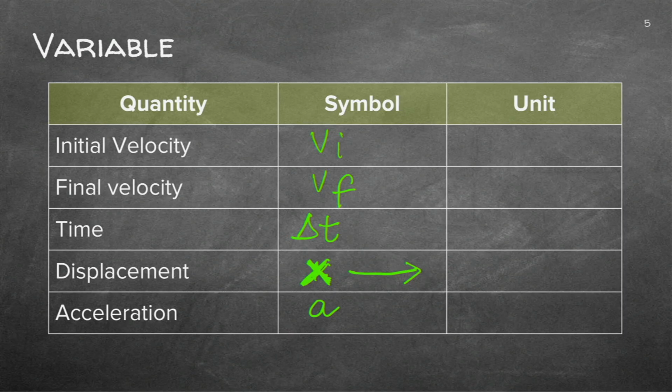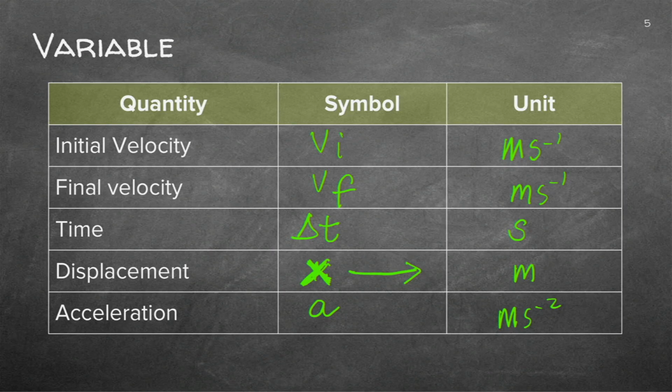Can you remember the units? Quickly think, what's the unit for velocity? Meter per second. Final and initial. And time will be seconds. The displacement will be in meters. And the acceleration, remember, it's velocity over time, so it's meter per second square.